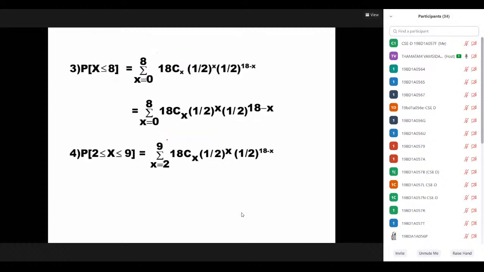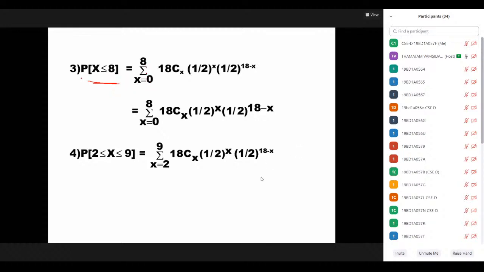Let us see the third bit. The third bit is probability of at most 8. At most means maximum. Probability of X less than or equal to 8. Maximum X can take is 8. What is the minimum? 0.